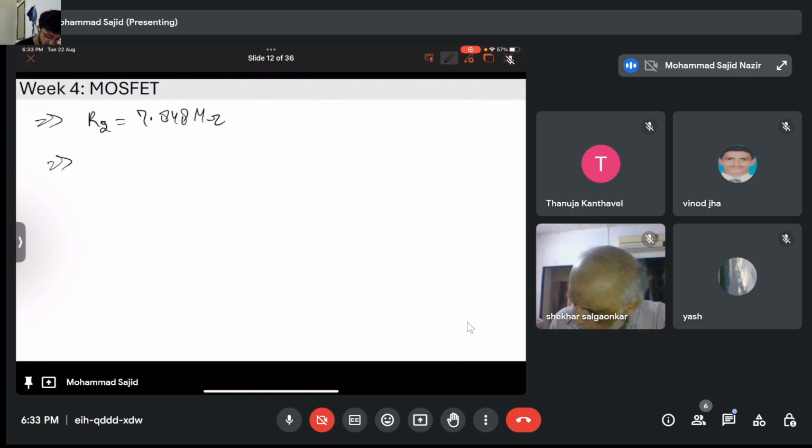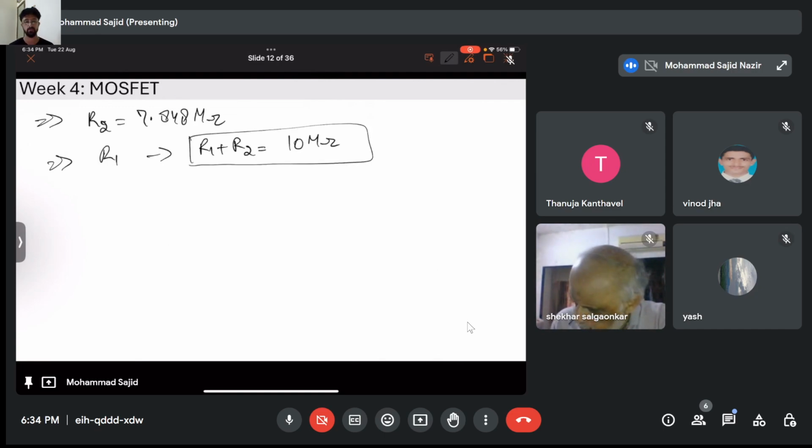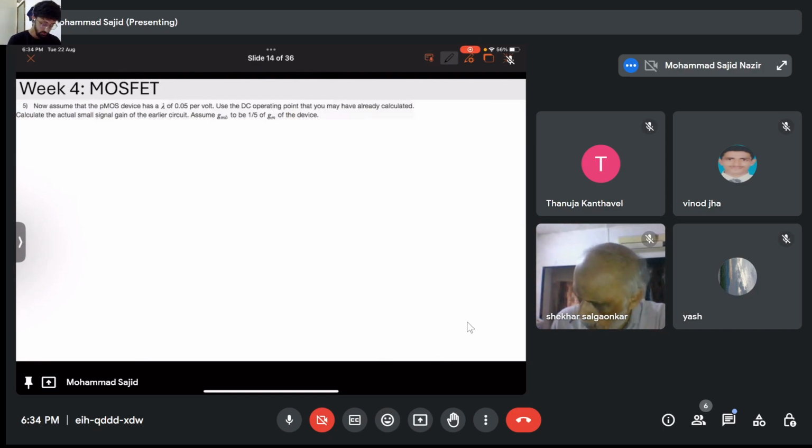And similarly, you can calculate R1 from this equation. R1 plus R2 is 10 mega ohm. Okay. So these are the 4 parts in this question.